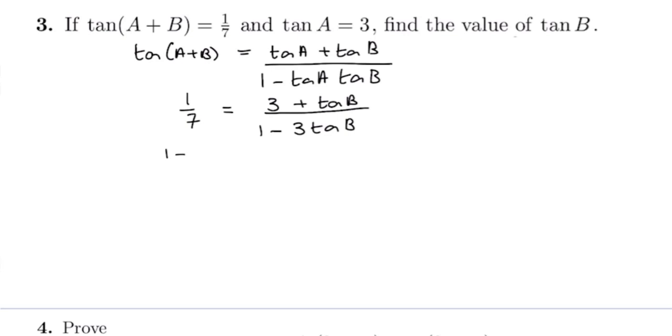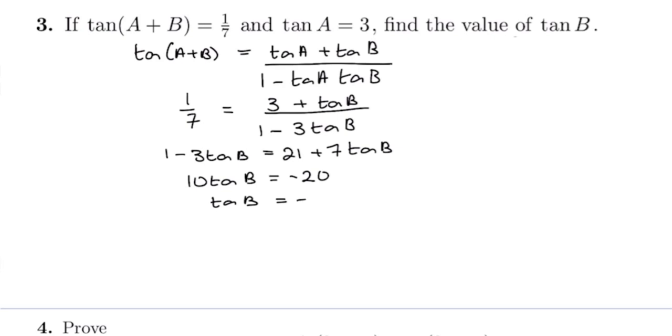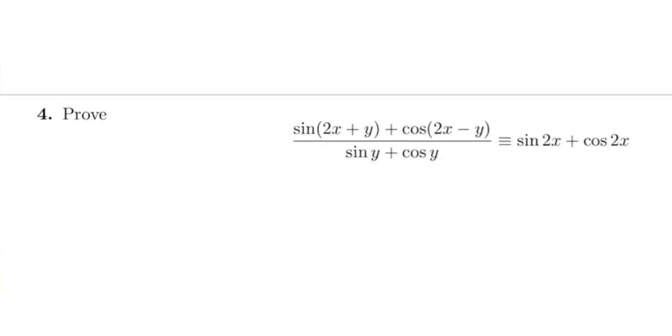So I'm going to get 1 minus 3 tan B equals 21 plus 7 tan B. Everything onto each side, so you end up with 10 tan B equals negative 20. Therefore, tan B must be negative 2. And so all you're doing is putting in our values.